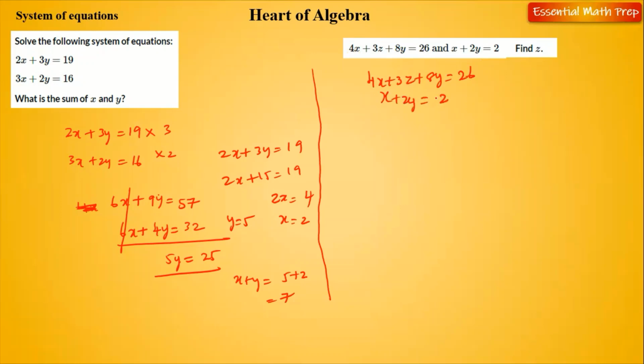If you multiply by 4, this expression becomes 4x plus 8y equals 8. That means 4x plus 8y equals 8. So 8 plus 3z equals 26. 3z equals 26 minus 8, which is 18. So z equals 6.